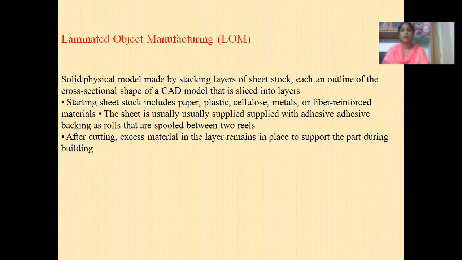Laminated object manufacturing, why is it used? It is one of the types of solid-based rapid prototyping systems. In this system, how the product develops depends upon the laser beam system, which develops the product throughout the area of the sections.